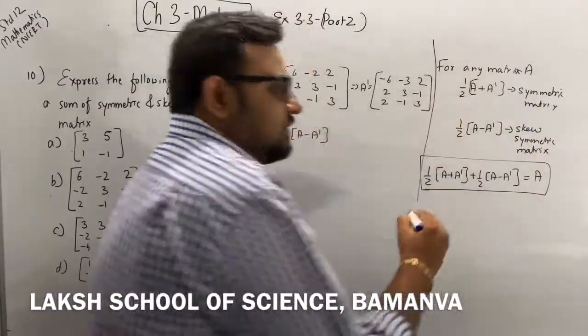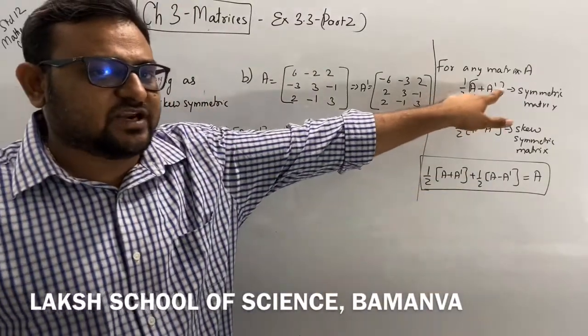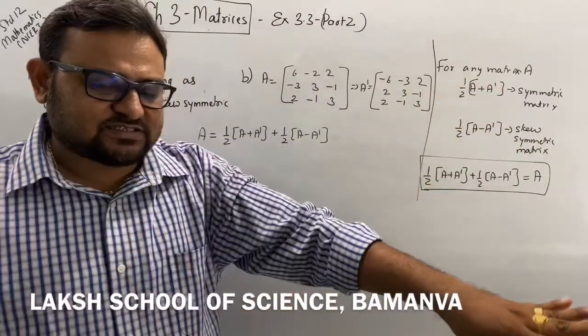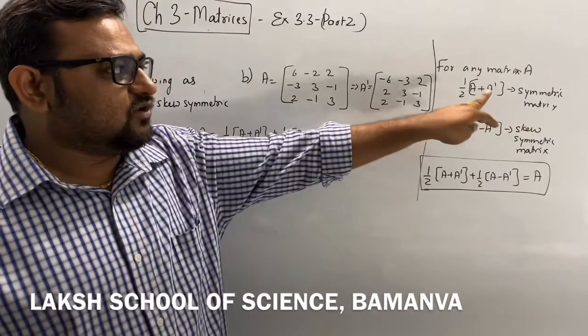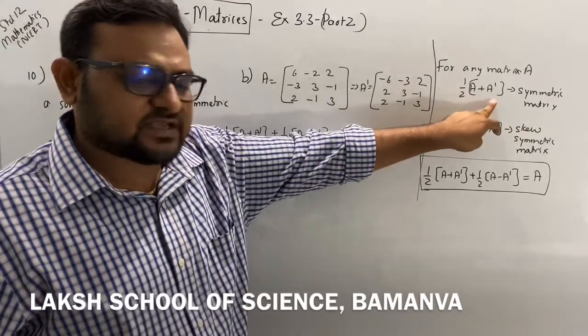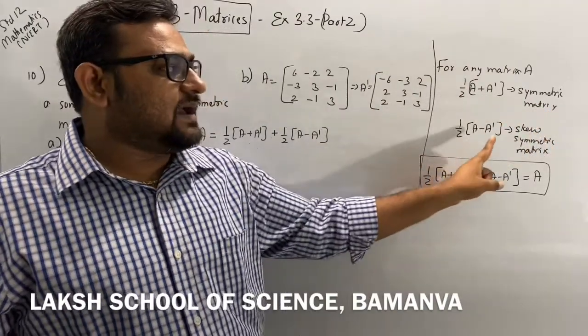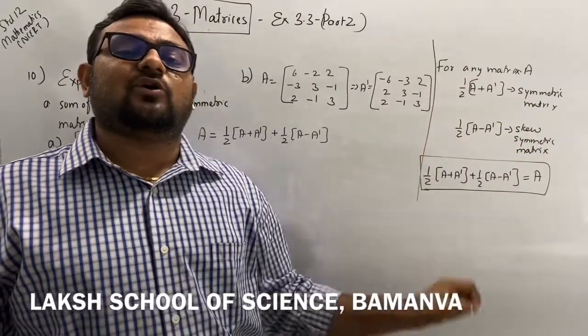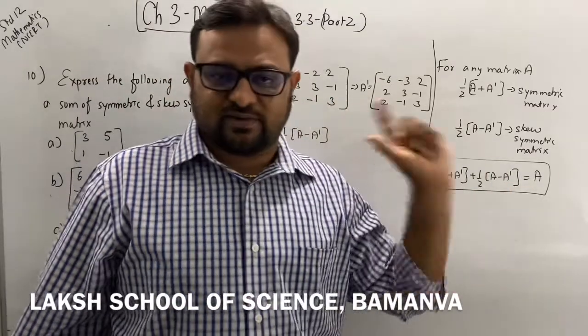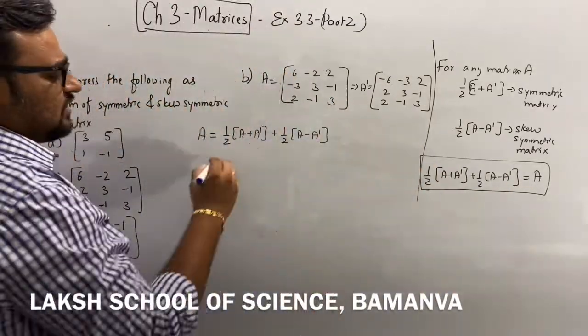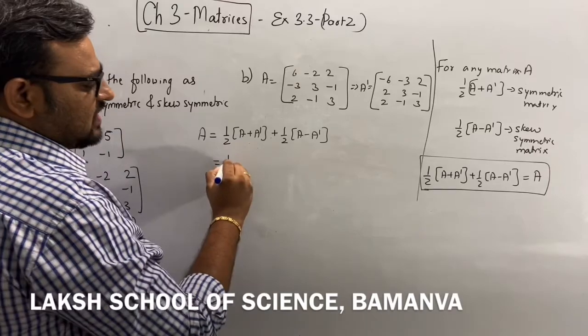Remember this property. Any matrix, if you write in this form, half into A plus A transpose, it will be always symmetric. And half into A minus A transpose, it will be always skew symmetric.